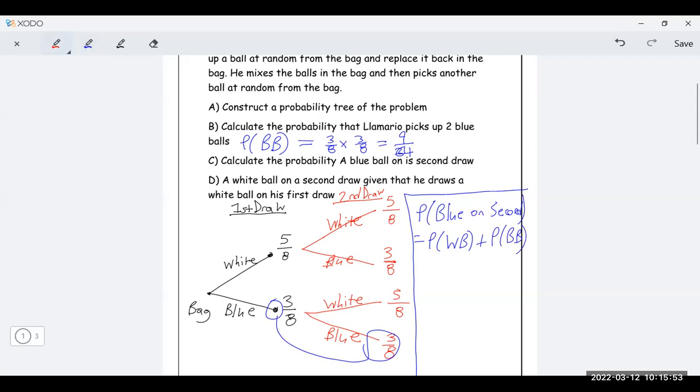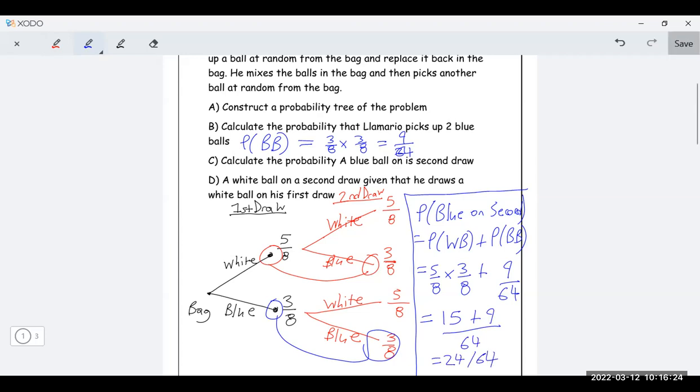Yes, sir. So white, then blue would be 5 over 8 times 3 over 8, plus we already know the probability of getting blue, then blue, 9 out of 64. So 5 times 3 is 15, so that's 15 plus 9 over 64, which is 24 over 64.